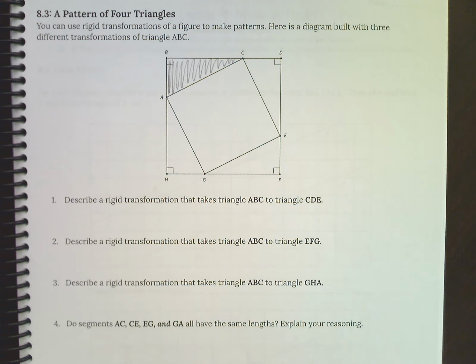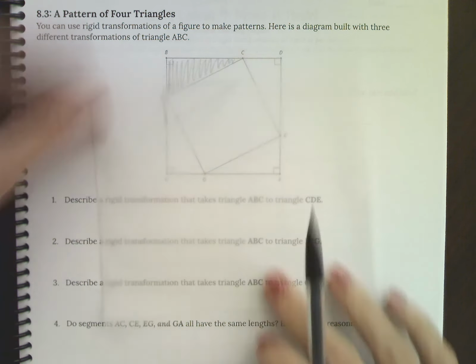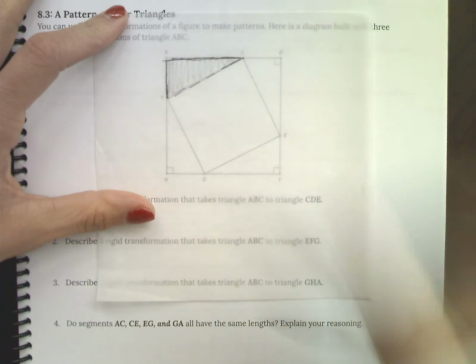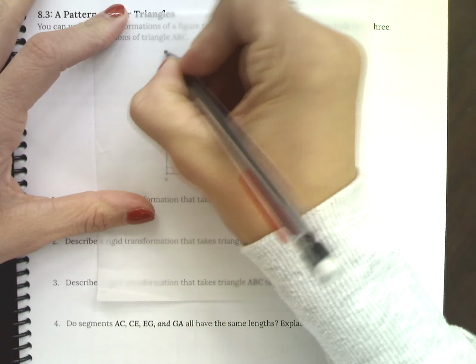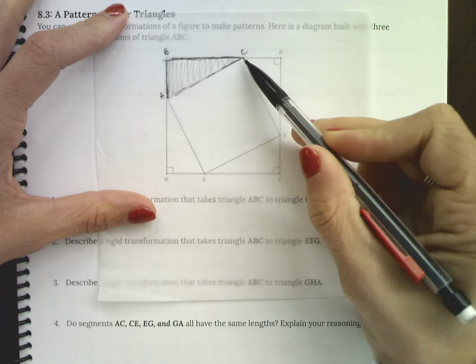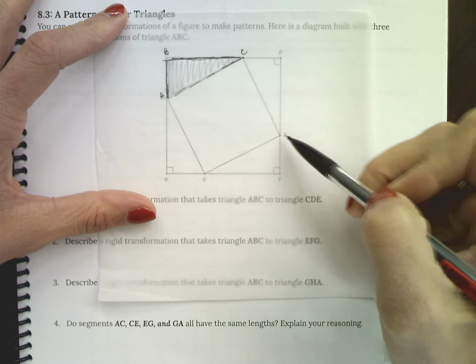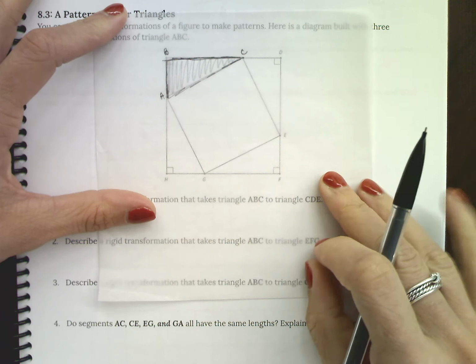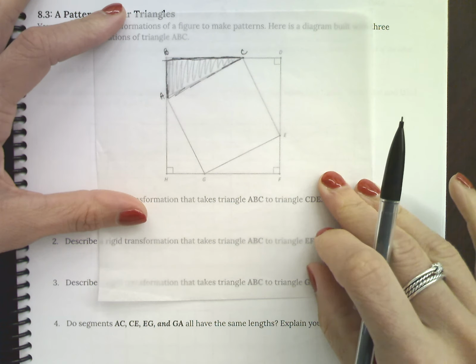So to go from triangle ABC to triangle CDE, I already drew on my patty paper ABC. And to go from this triangle to CDE, there are a few different transformations that I could do.